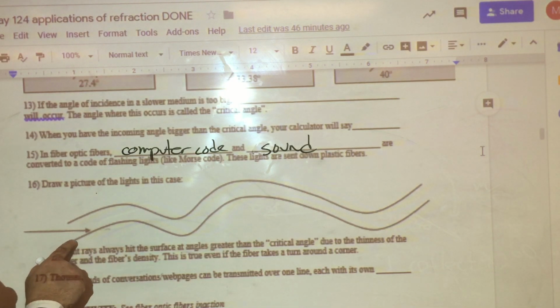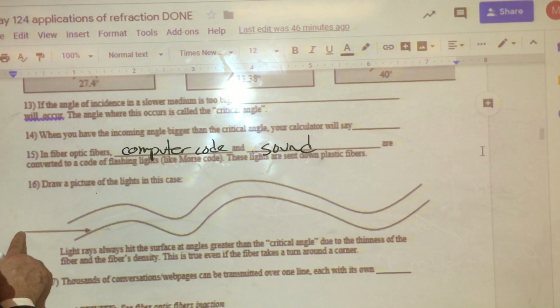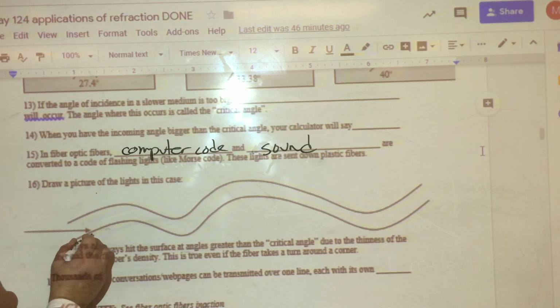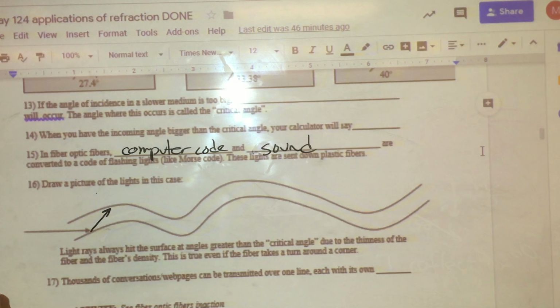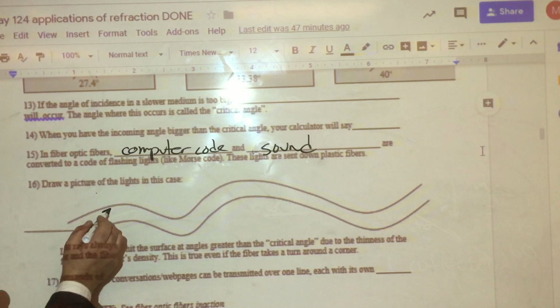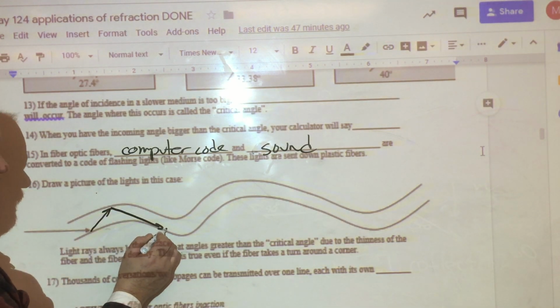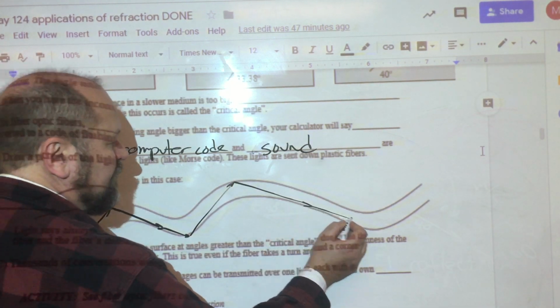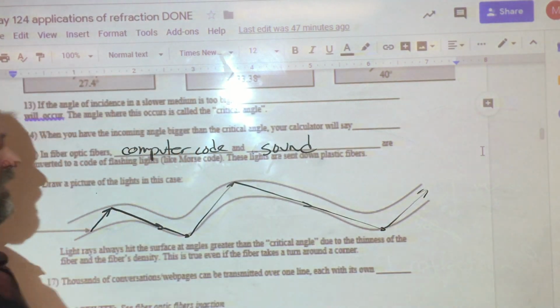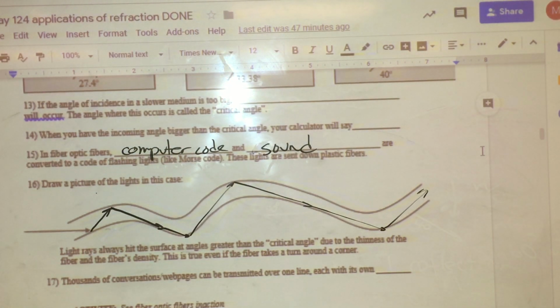And one set of code will be sent down in one color of light, and it's going to bounce with total internal reflection. And then it'll bounce off that surface, and then it'll bounce this way, and it will keep on bouncing. It will not leave even if you bend the cable around corners. And so you can send light a very long distance, and of course, it's very, very fast.